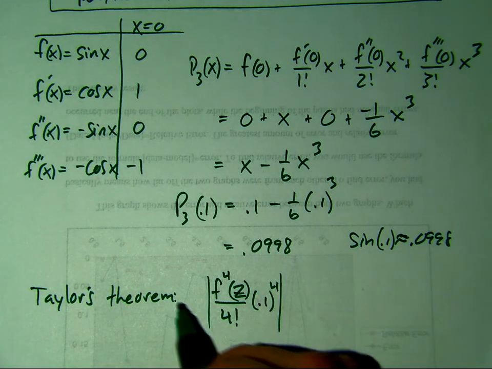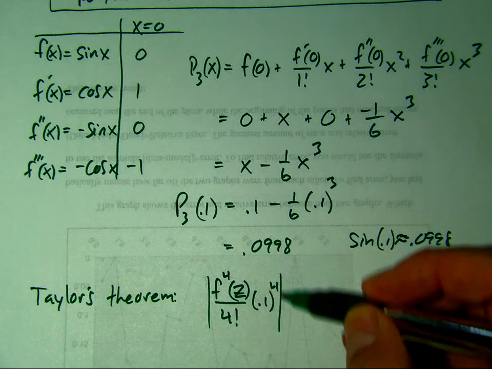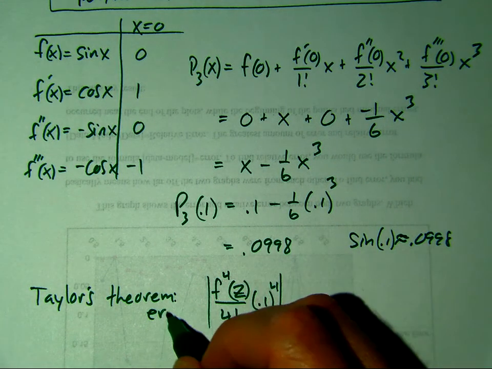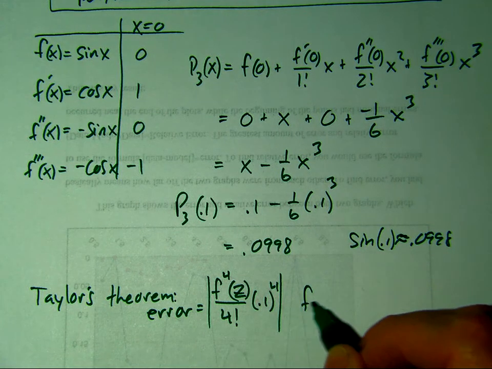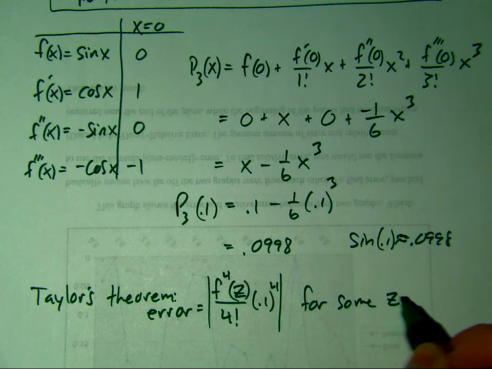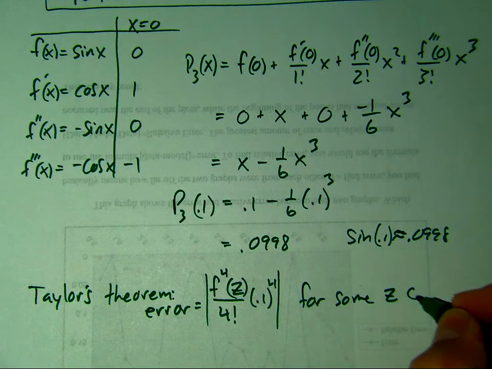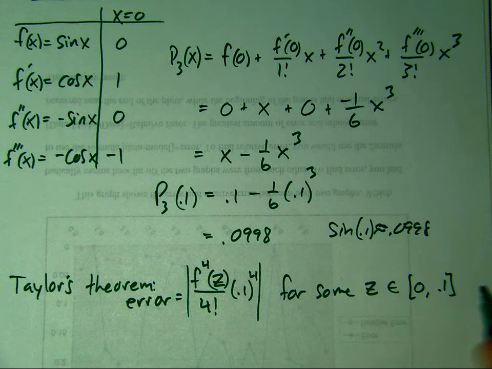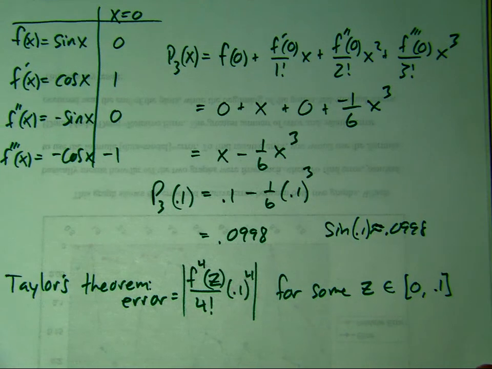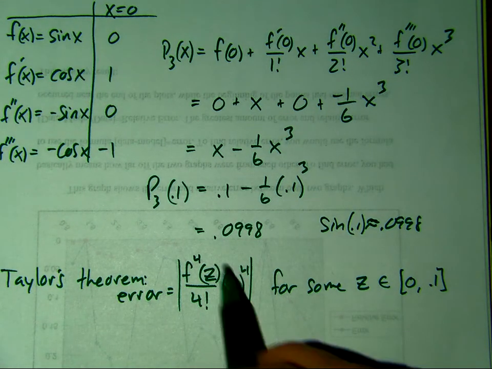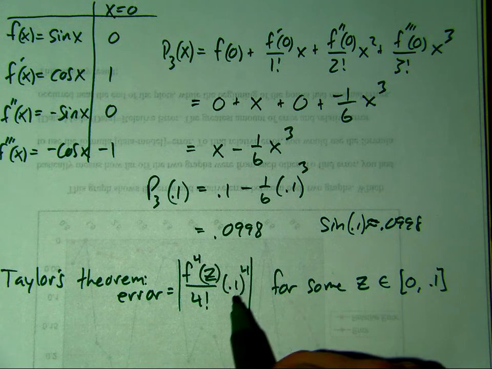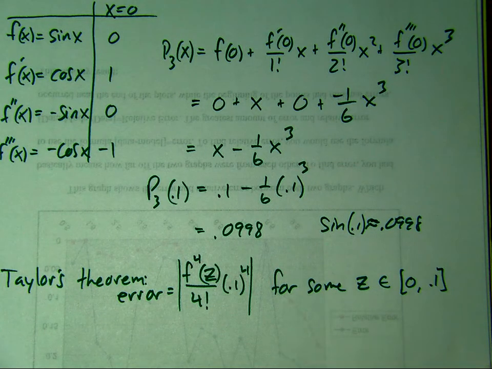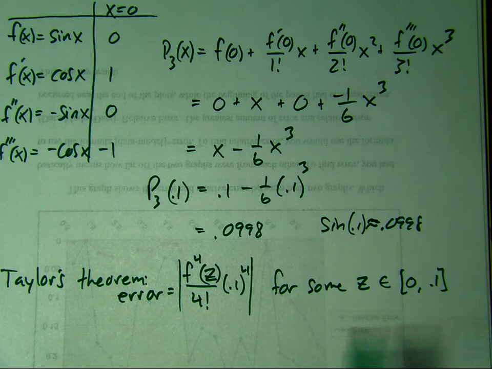The error of this approximation equals this for some number z on the interval 0 to 0.1. So we're centered at 0, we're evaluating at 0.1, there's a number between them that will give you the exact error of this approximation. We're never going to find the exact error, we're just going to use this as a bound. Right now we're not bounding the error, I'm just showing you the formula.